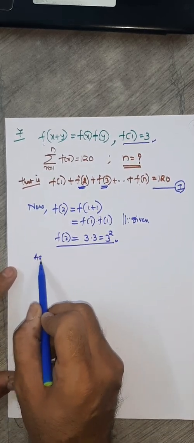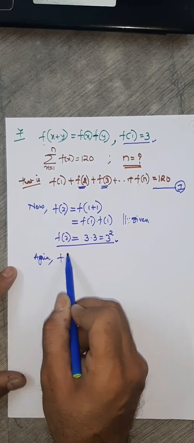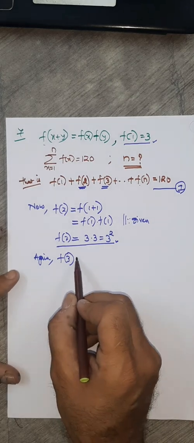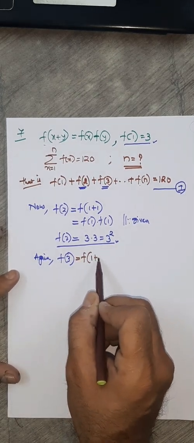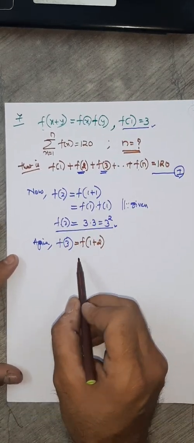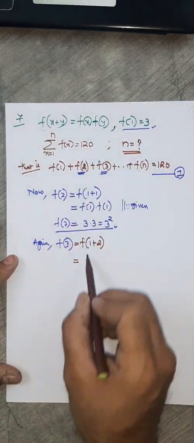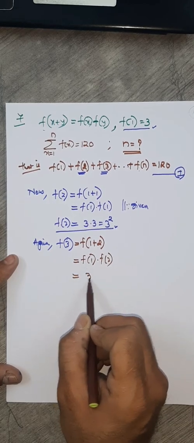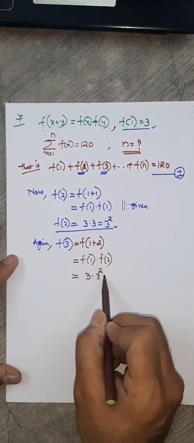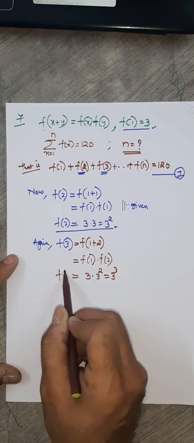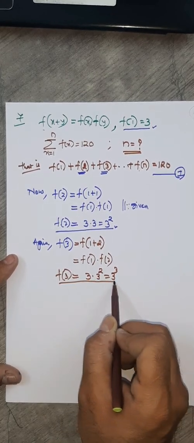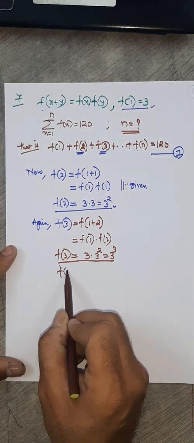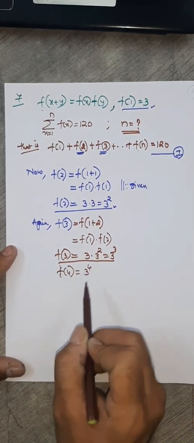Now again, if I go for f of 3, the next number, I can write it like 1 plus 2, because I know f of 2 now. So as per this definition, I can write f of 1 into f of 2. This is 3, this is 3 squared. So what we'll get from this? 3 cube. So f of 3 is 3 cube. Fine, and so on. What is f of 4 from this? It is 3 raised to 4.